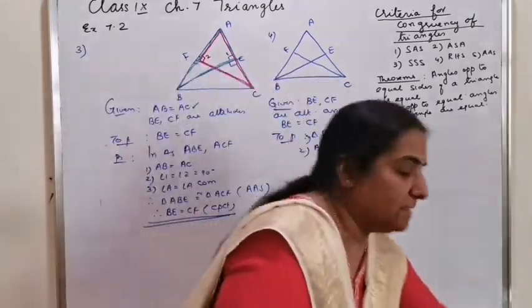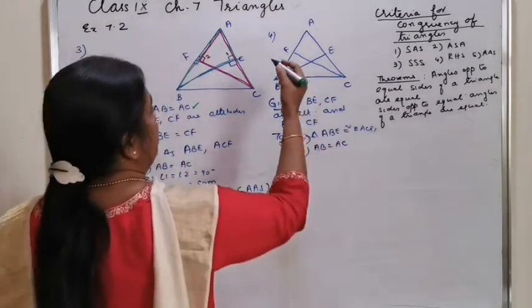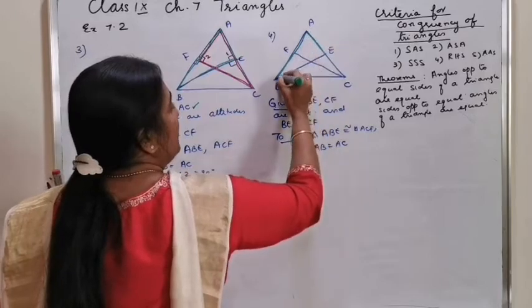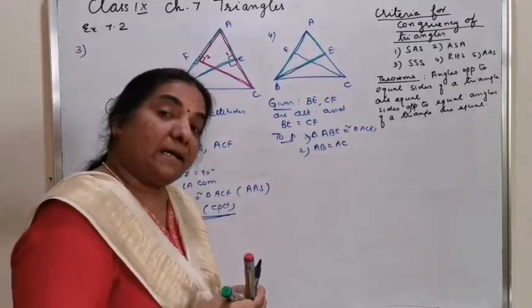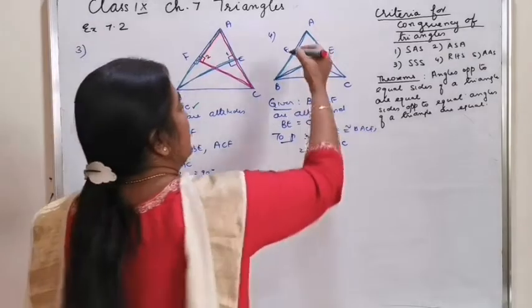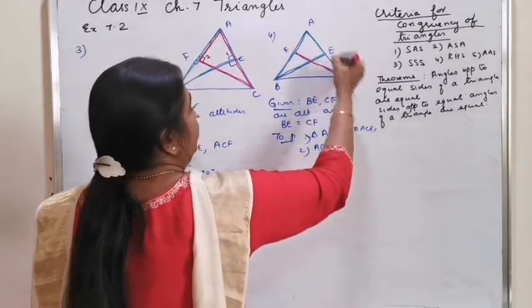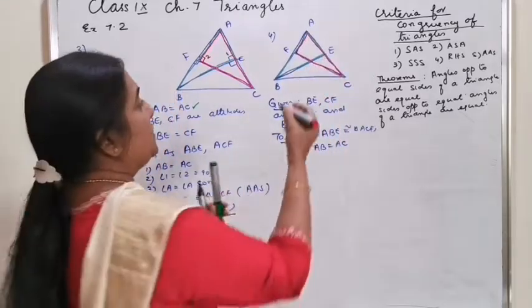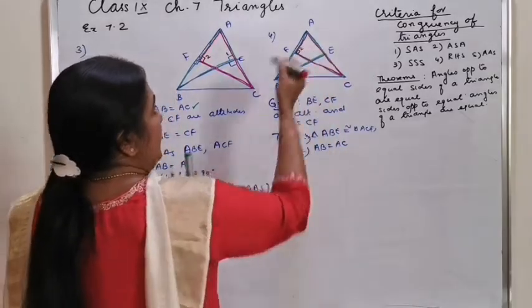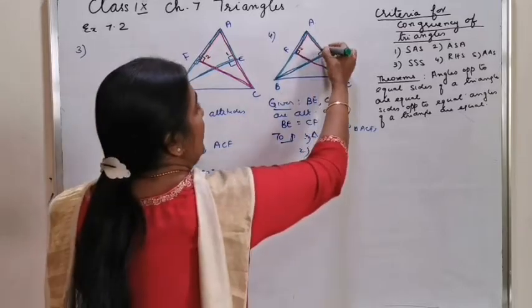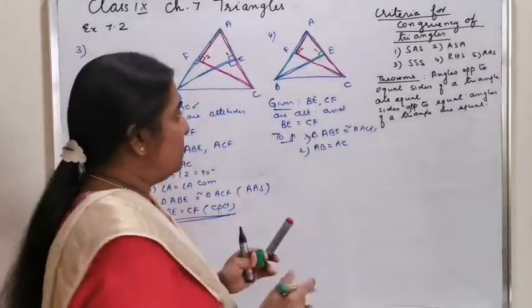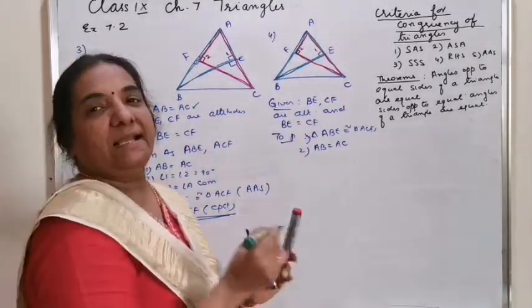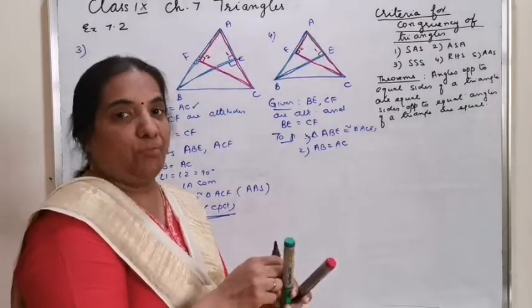So the same pattern, you just take the same two triangles ABE, only the congruent criteria changes, and ACF. They are altitudes. So you can take angle 2 as 90 and angle 1 also as 90. Now BE and CF are equal and angle A remains the same, common.